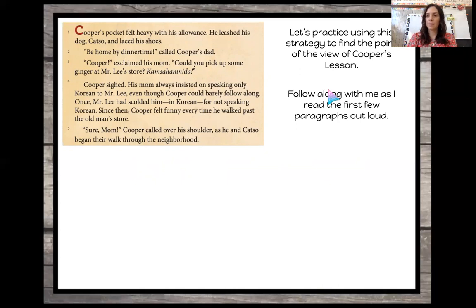Okay, so I've read the passage. Now remember, I'm going to go back and cross off the dialogue. So I'm crossing off all of the places where someone is speaking. And then I am going to focus on the pronouns. So I've circled all of the places where it says he and his and him.